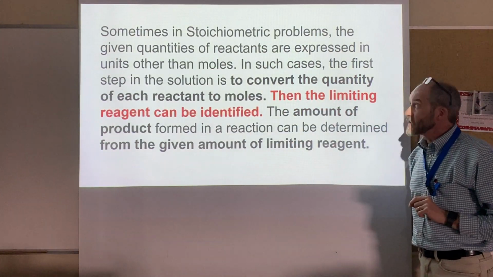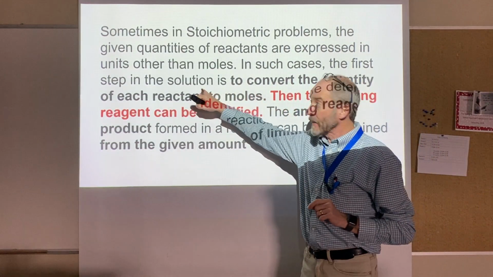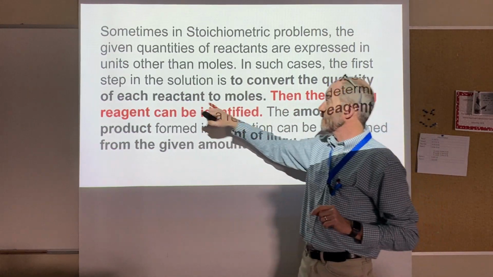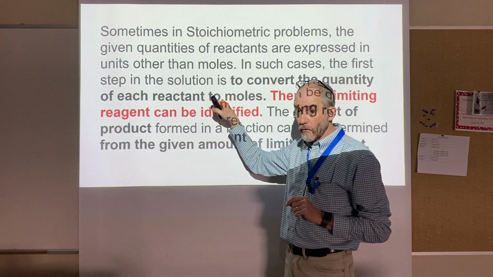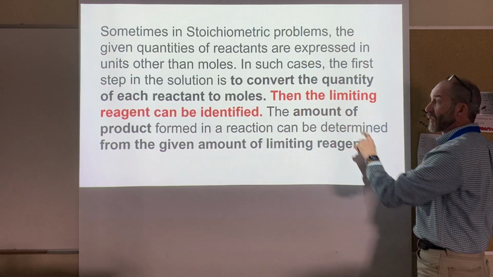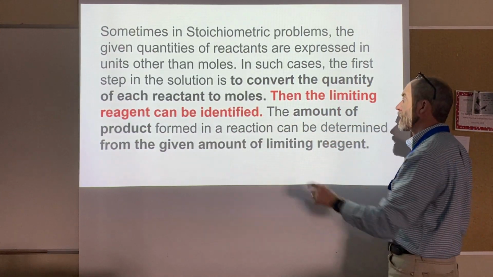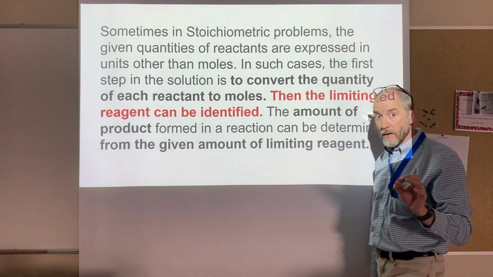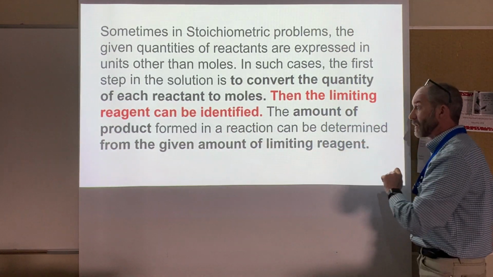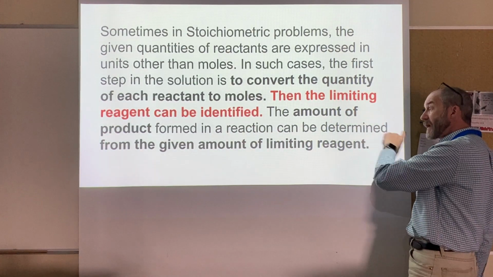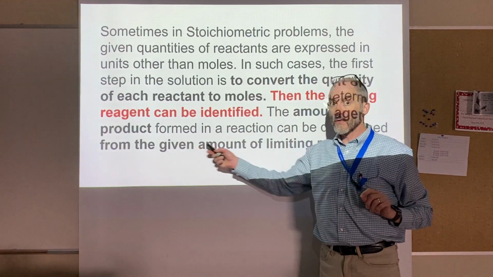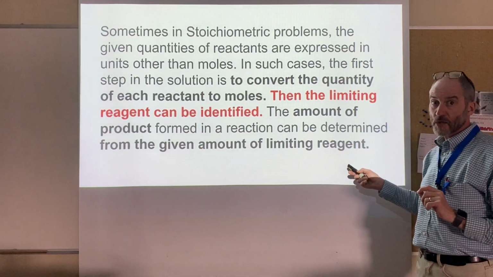In such cases, the first step is to convert the quantity of each reactant to moles. Then the limiting reagent can be identified. The amount of product formed in a reaction can be determined then from the given amount of limiting reagent.